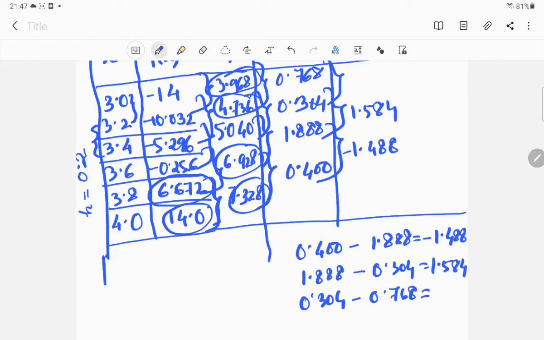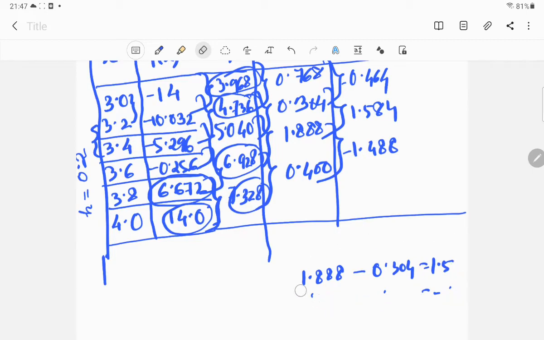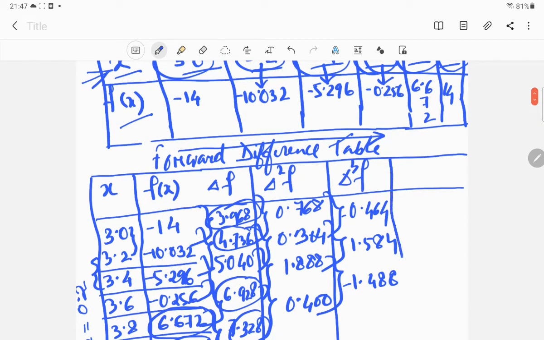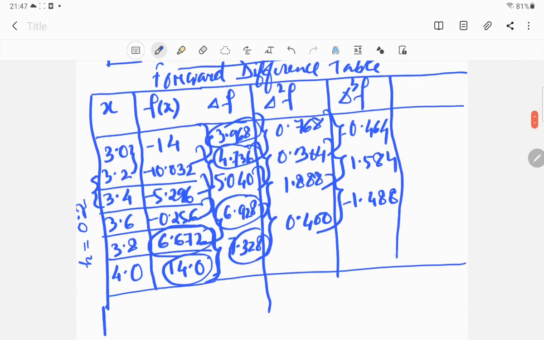Obviously it is going to be a negative number, so it will be minus 0.464. So we have got the third order difference also.